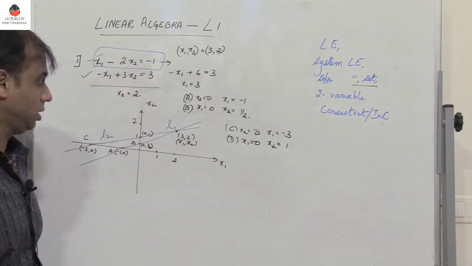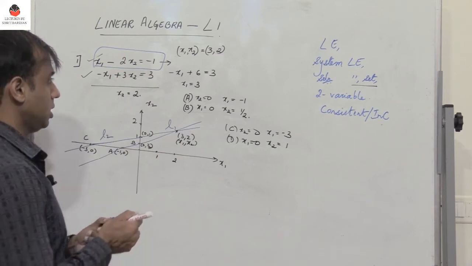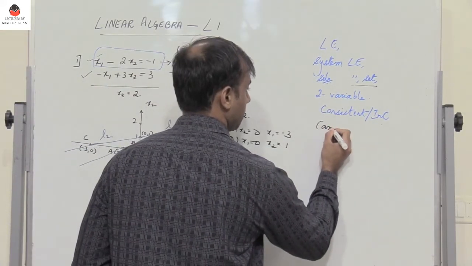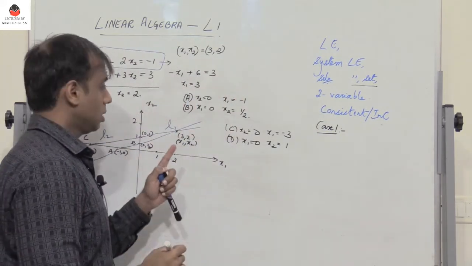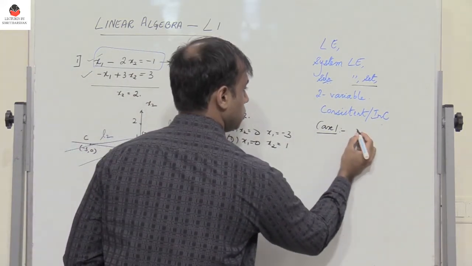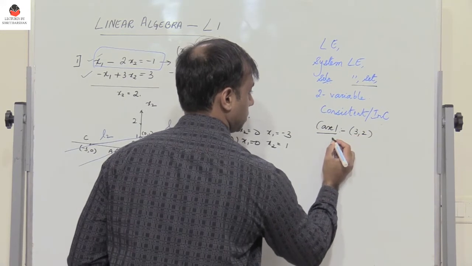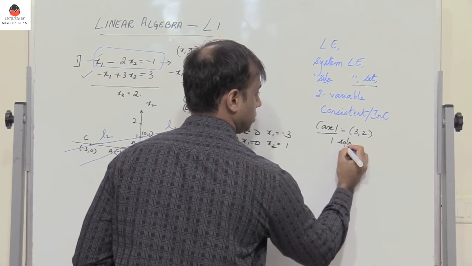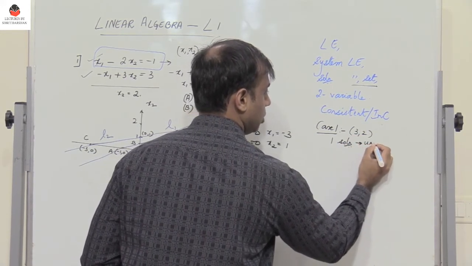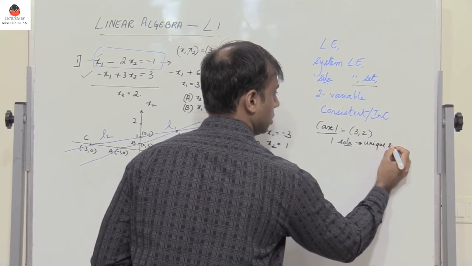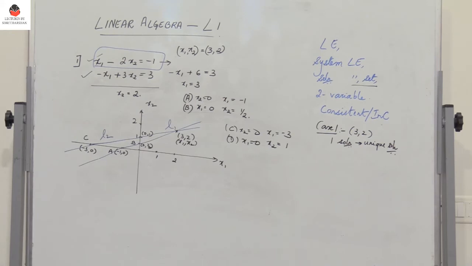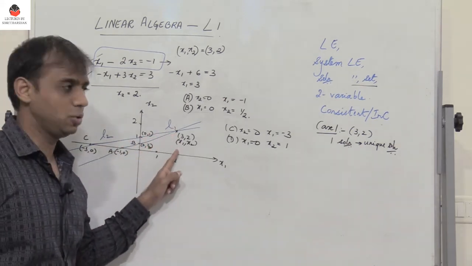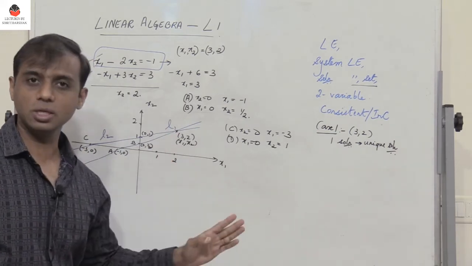So in case 1, there was a solution, that means the solution was 3, 2. One solution, or we can say that you only have a unique solution. Why is it that we only have one solution? Since these two lines will only intersect at one given point, there is only one solution, and this is referred to as the unique solution.